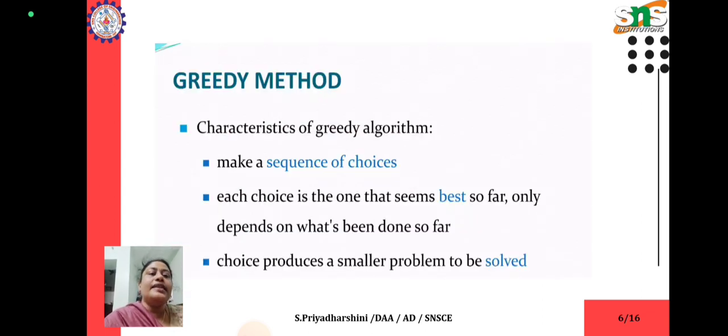Greedy method. So let us see the characteristics of the greedy method. The greedy algorithm makes a sequence of choices, and each choice is the one that seems best so far, at that level, and depends on what has been done so far. The choices produce smaller problems to be solved.